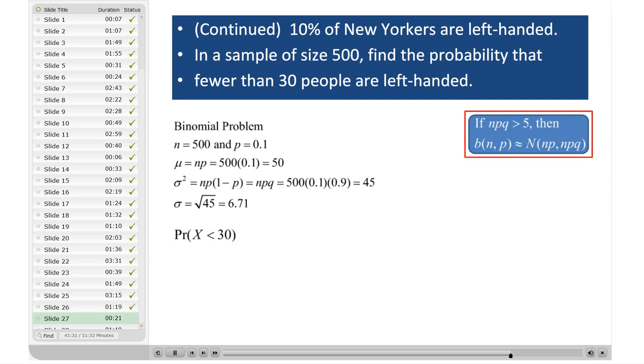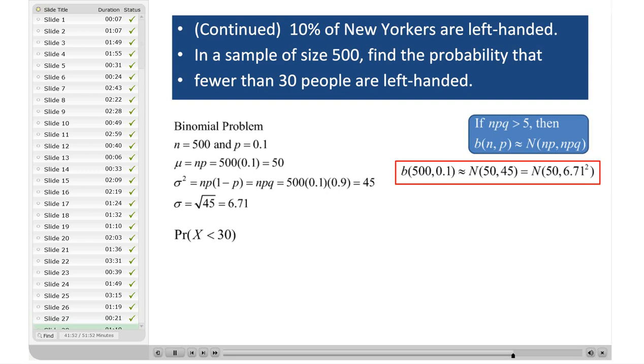Luckily, we have this nice little theorem that I've highlighted on the upper right part of your screen. It says that if npq is greater than 5, then a binomial distribution with parameters n and p is actually approximately a normal distribution with mean np and variance npq.